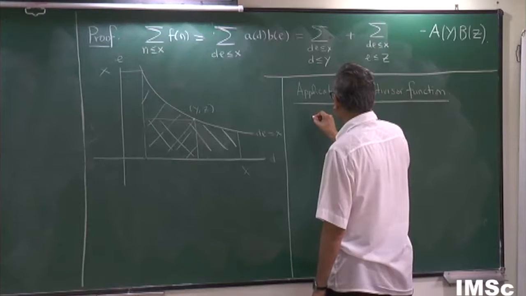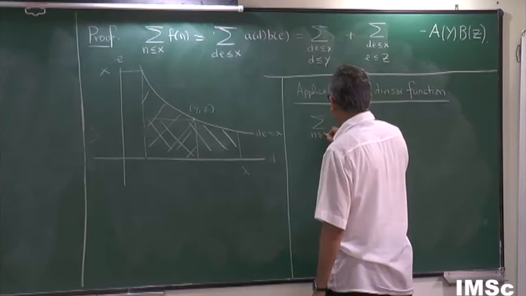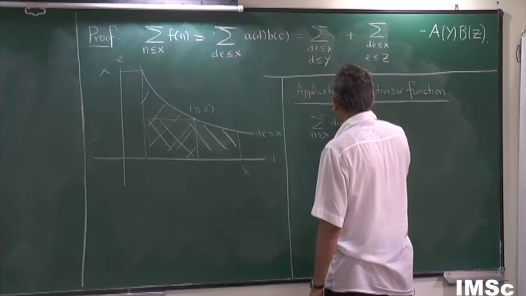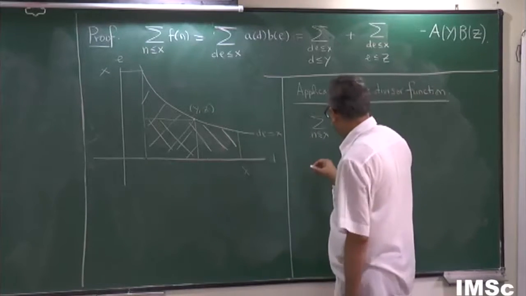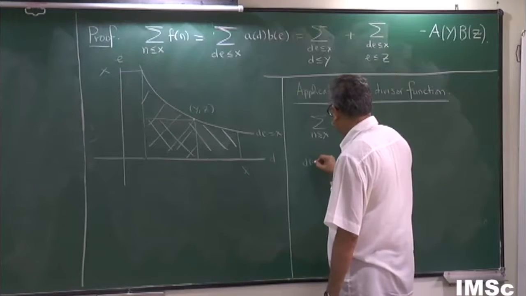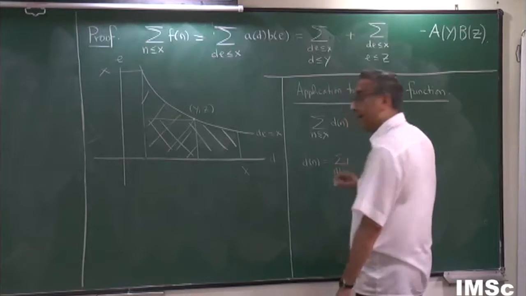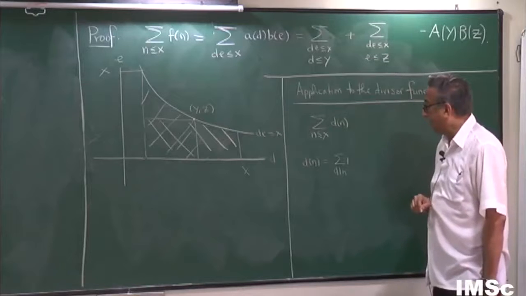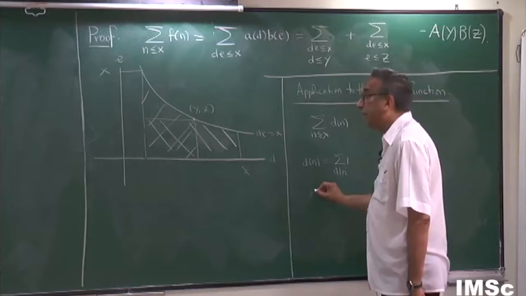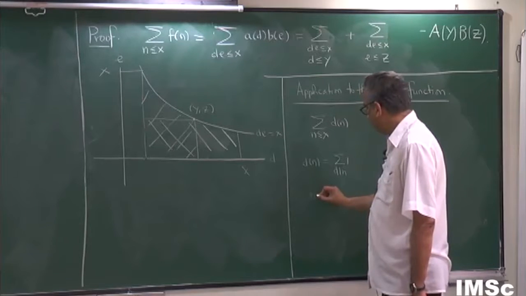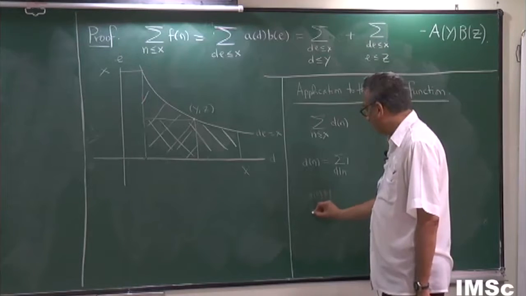So now what we will do, in trying to figure out the sum over n less than x of d of n, I understand that d of n is, of course, the sum over d dividing n of 1, the number of divisors of n. And so I can apply the hyperbola method with a of n equal to 1, identically 1, and b of n identically 1.